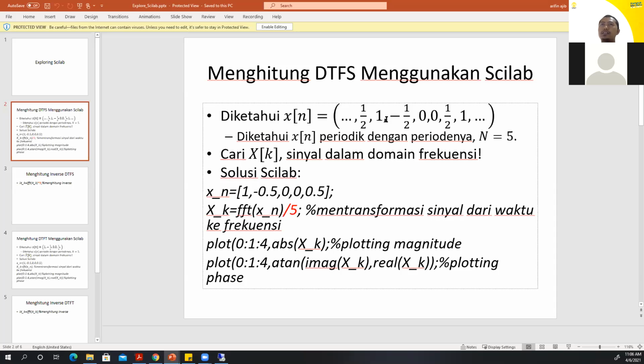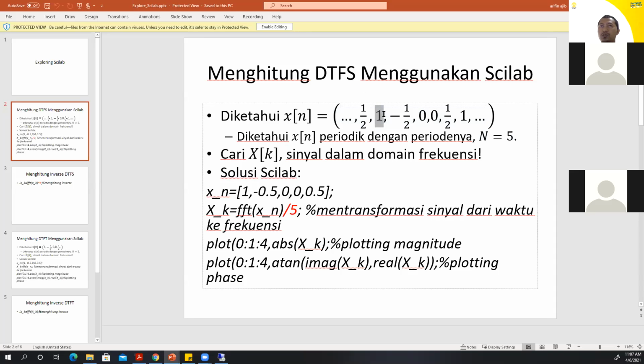And you can see this is a periodic signal. Why can we say periodic? You can see here it repeats, so you can take one period. So x[n] is periodic with N equal to 5.